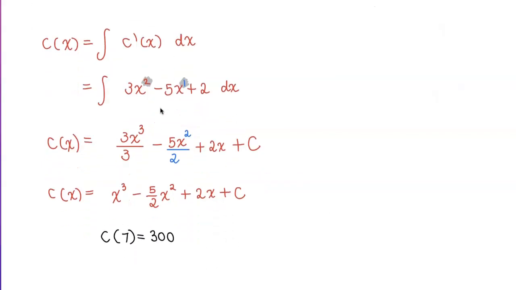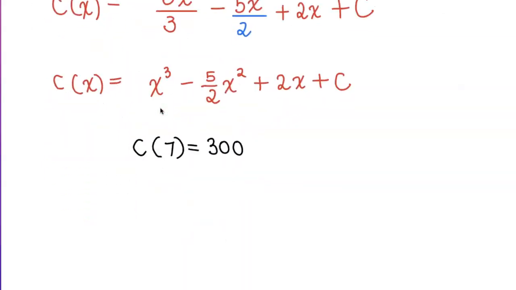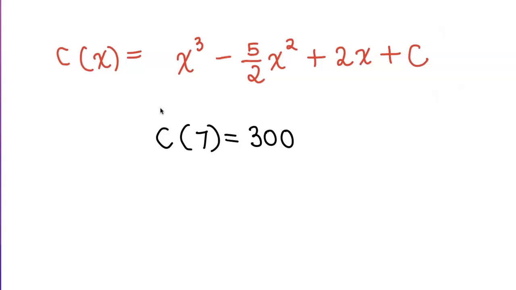Okay. What they are telling us in this initial condition clue is that if we plug in 7 into this function, I'm going to get 300 out. So this will give us what C is. Since I made up this problem just using random numbers, we may not get a very pretty C value, but we can still try, okay?